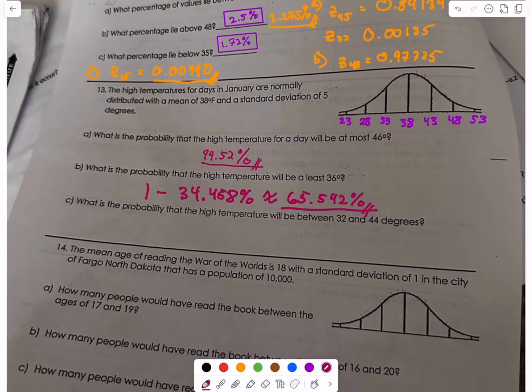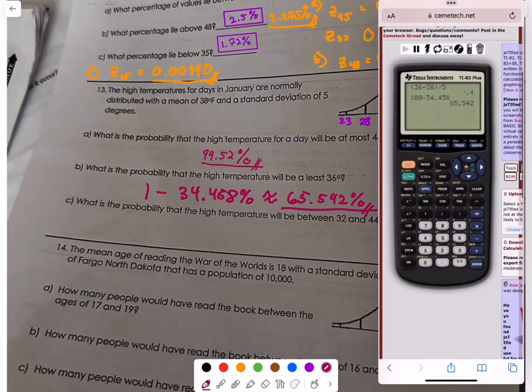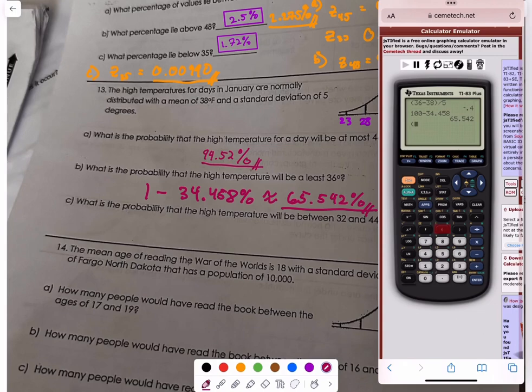What's the probability the high temperature will be between 32 and 44? So in these cases, when it's asking for between, you just calculate each one like normal and then subtract your answers at the end. So then for the 44, we're going to say 44 minus 38 divided by 5.